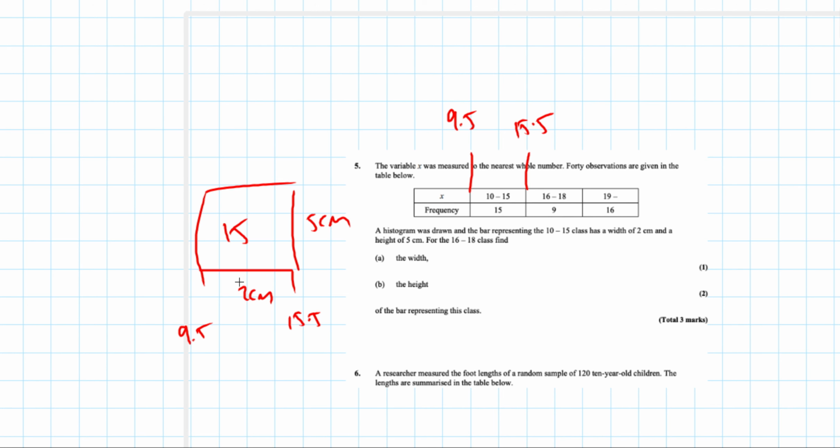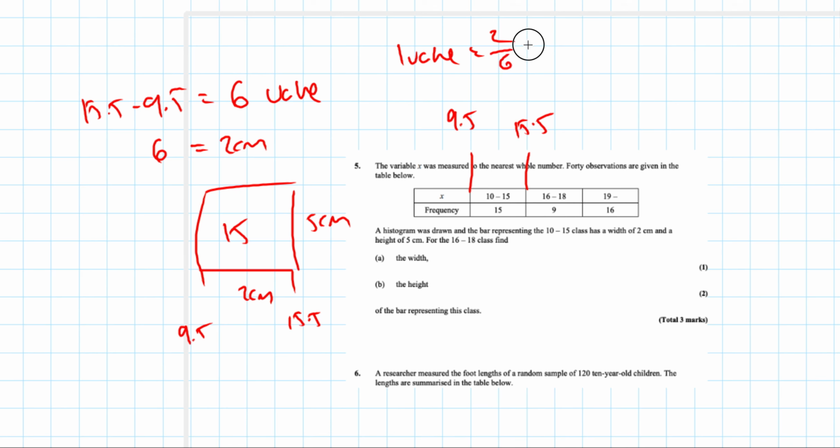So what we can do first, we can find the width, because we can say that, well, 15.5 minus 9.5 is equal to 6. So there's 6 values, so 6 is equal to 2 centimeters. So therefore, 1 value is equal to 2 over 6 centimeters, which is equal to 1 over 3 centimeters.